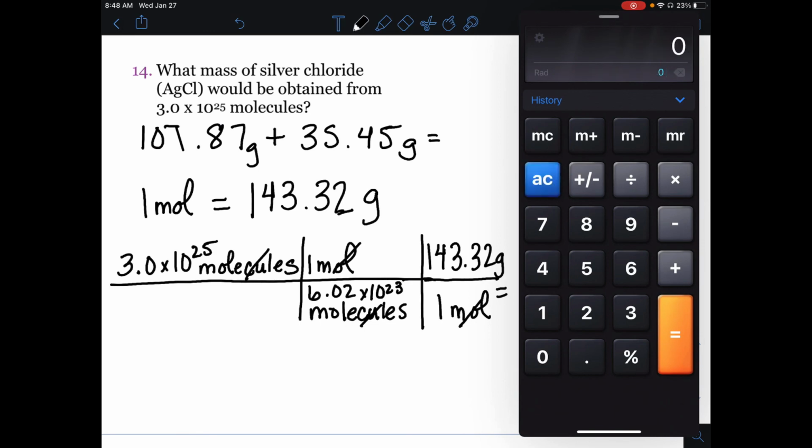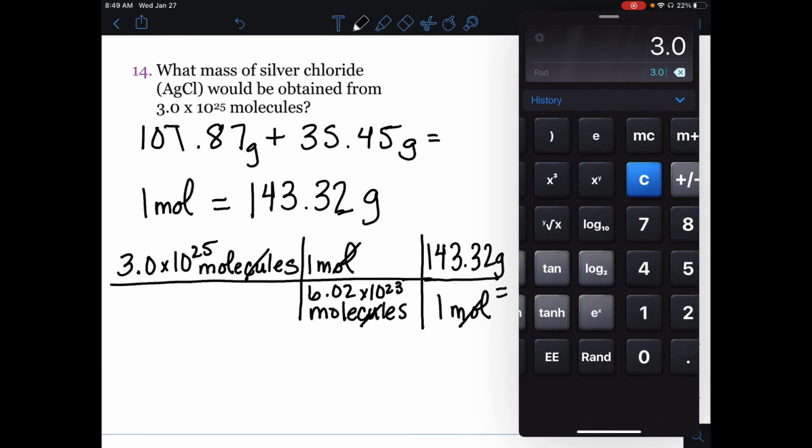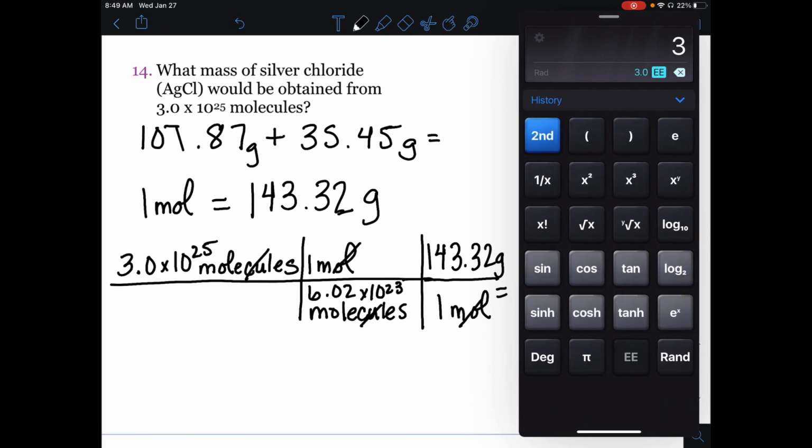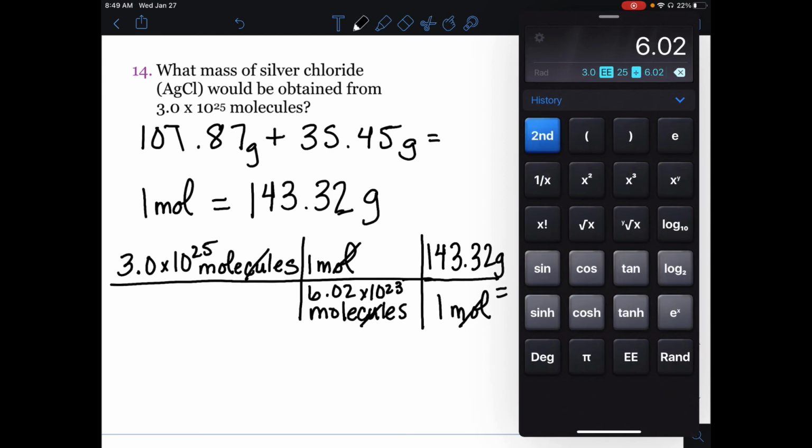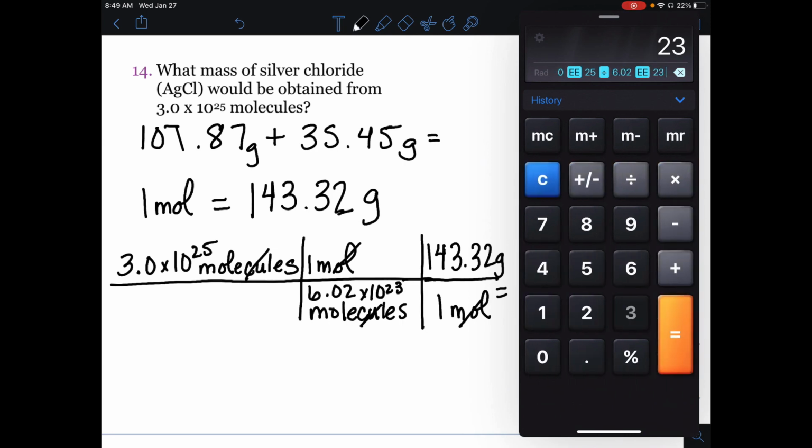Now watch how I type this into the calculator. I'm going to take the first number, 3.0. I'm going to use the EE button times 10 to the 25th divided by 6.02 times 10 to the 23rd times 143.32.